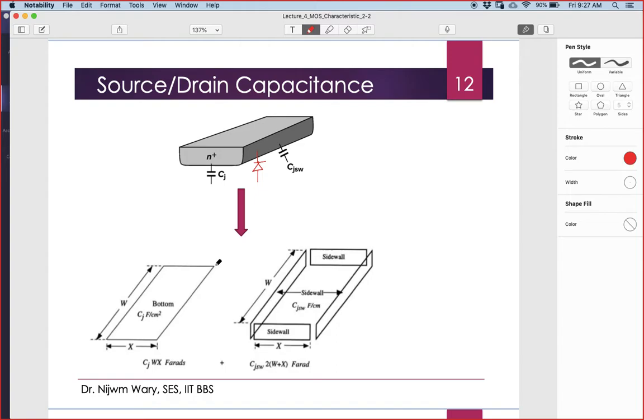In the bottom plate there will be some capacitance, and in the side wall there will be a capacitance.